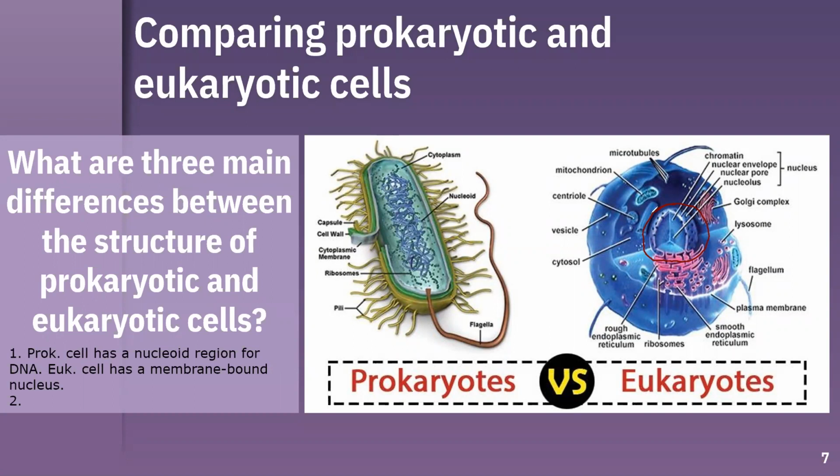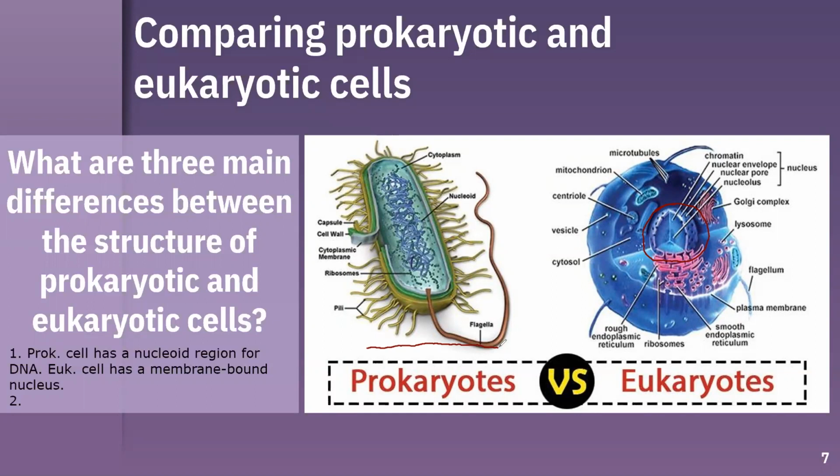And it is bound by this membrane that is similar to the plasma membrane that goes around the cell, right? And the thing about a eukaryotic nucleus is that it holds the DNA inside of it, right? It's enclosing the DNA. Whereas in prokaryotes over here, it has a nucleoid region.